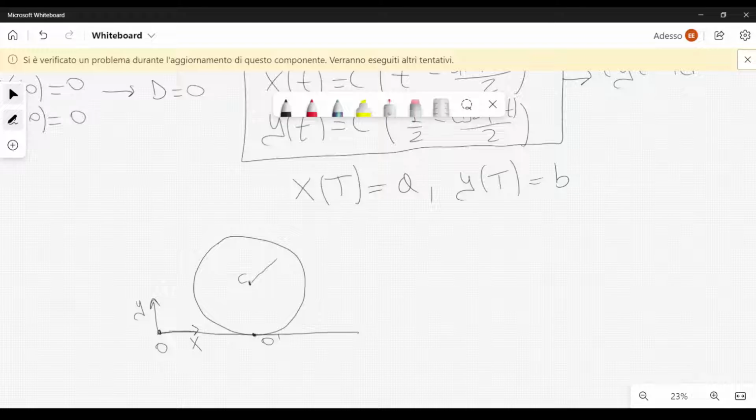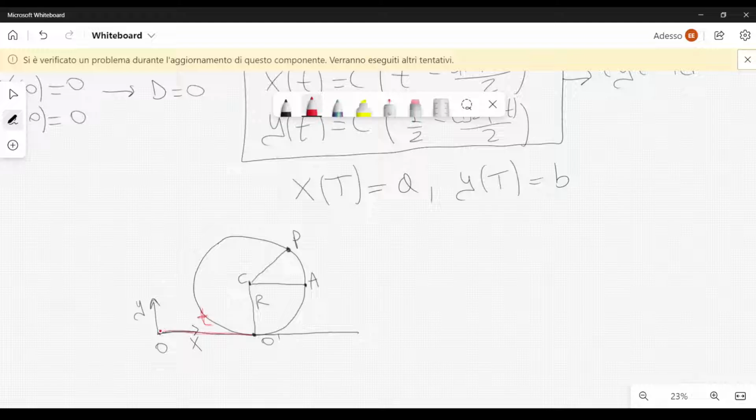Then we have a generic point P here. Let's draw this horizontal line which intersects the circumference at the point A. This is the radius. C O prime will be the radius capital R. And we are assuming that O prime coincides with O when t is equal to 0. So this length here, O O prime, will be equal to a parameter t.